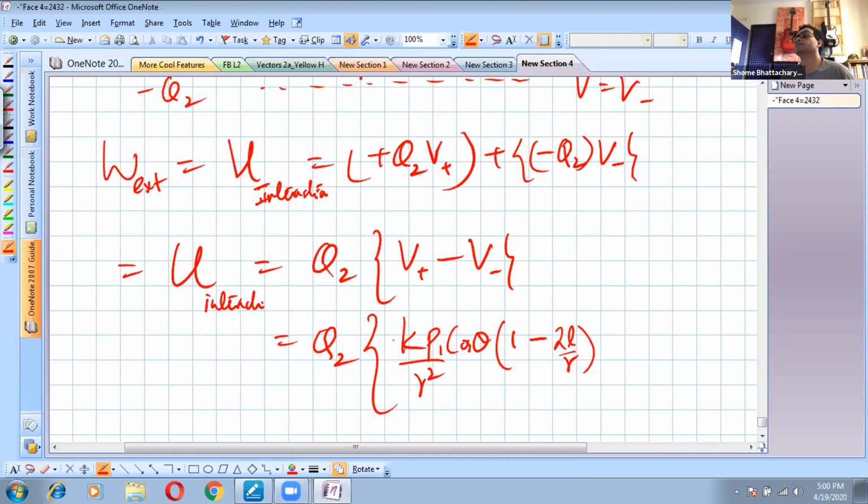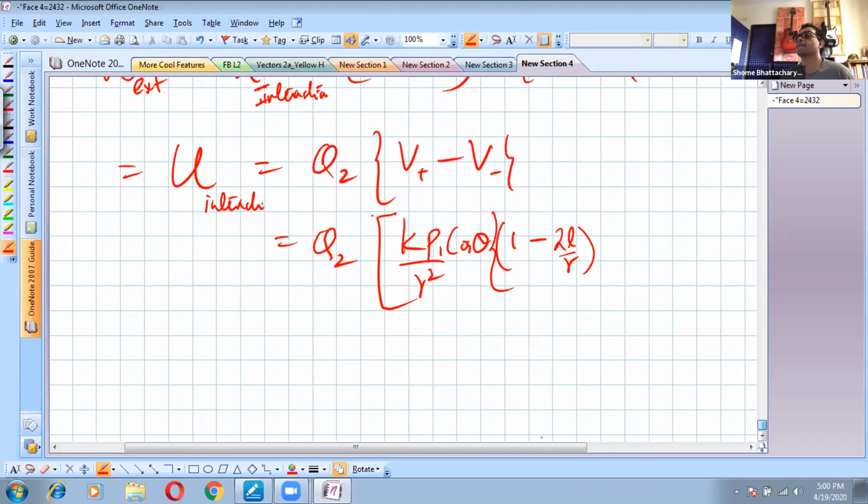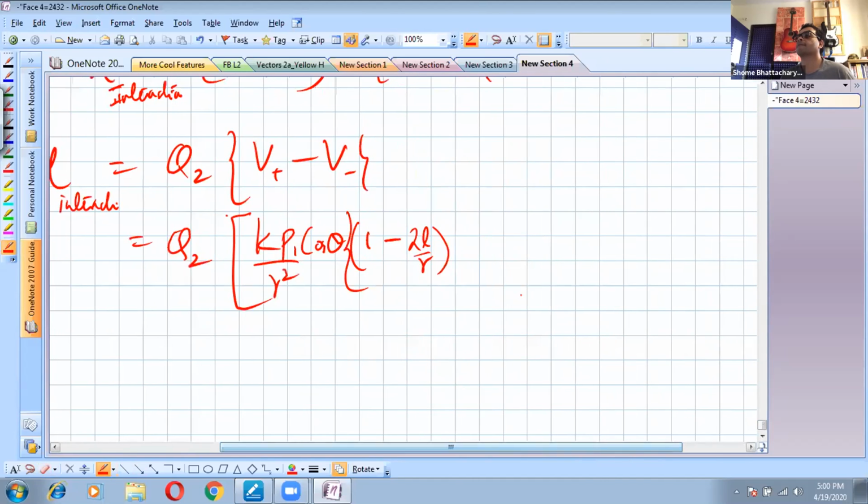So what I can do here is take this term common. Going up for a moment, you can see this was like this and this term was like this. So minus of 1 plus 2L by R.